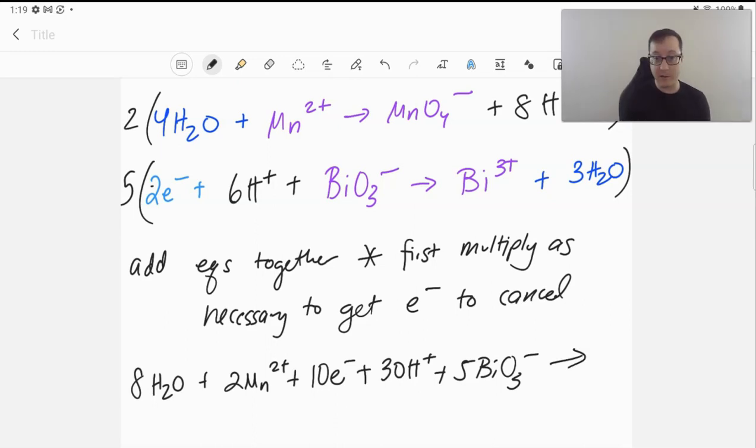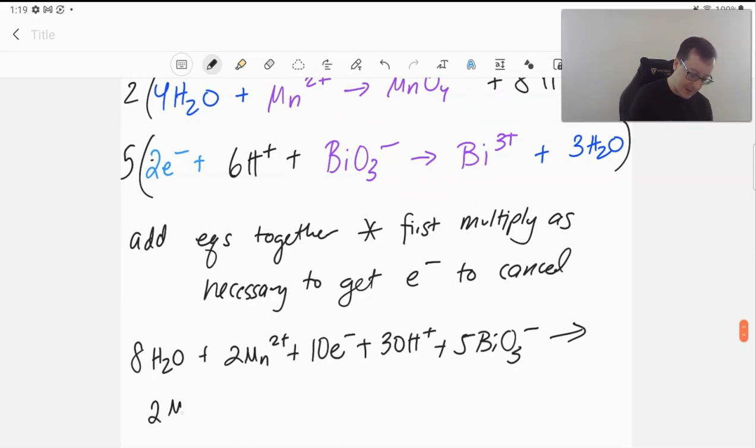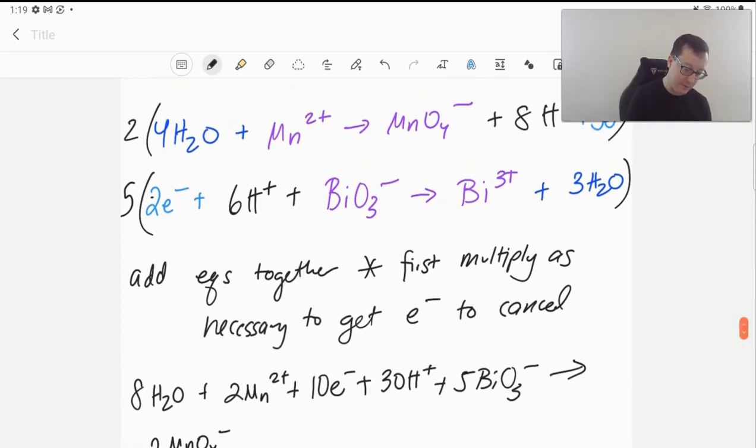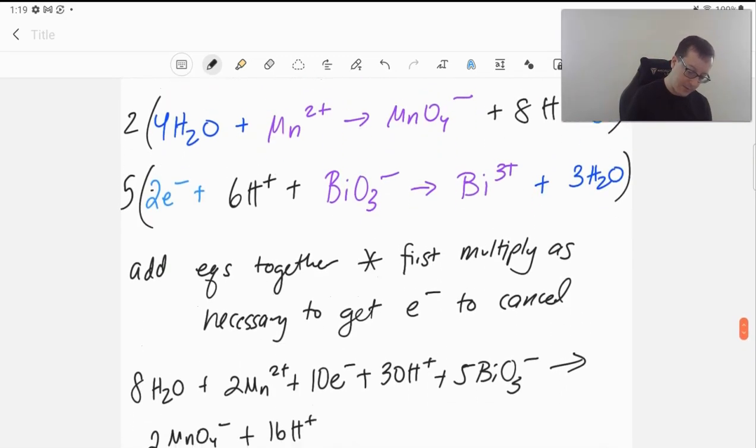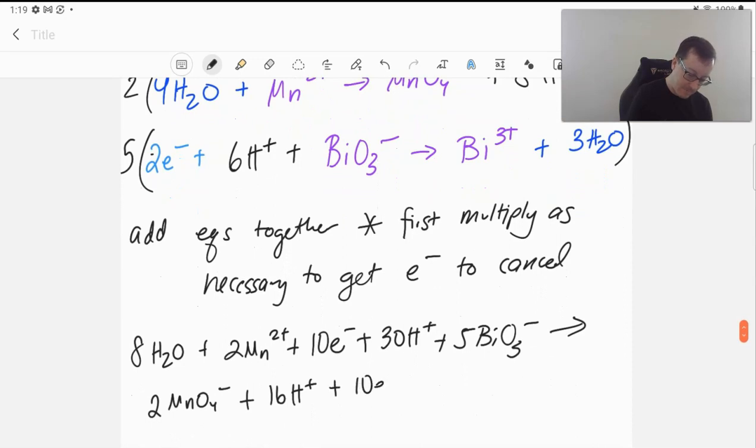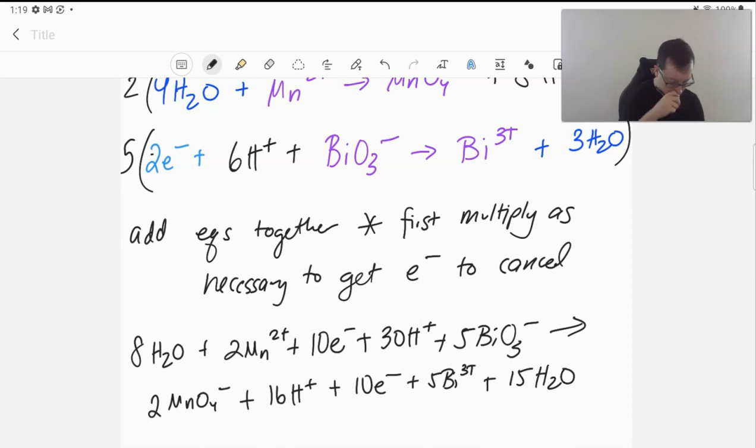Don't know the name of that polyatomic ion. We now have 2 permanganates. I'm writing our products down here because these are often very long reactions, so often we'll need 2 spaces. We have 16 hydrogens, and we have 10 electrons, and 5 bismuth ions, and 15 waters.